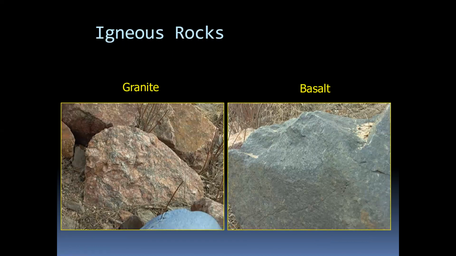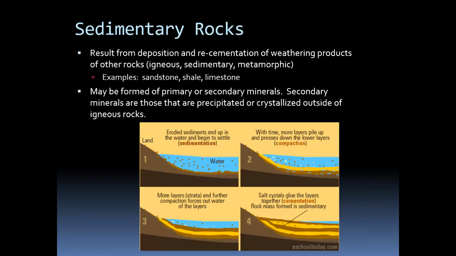Now, if we look at the second type of rocks, we have the sedimentary rocks. How are the sedimentary rocks formed? If you have soil or rocks that are weathered and eroded, the particles are carried down by water to somewhere where they will be deposited.